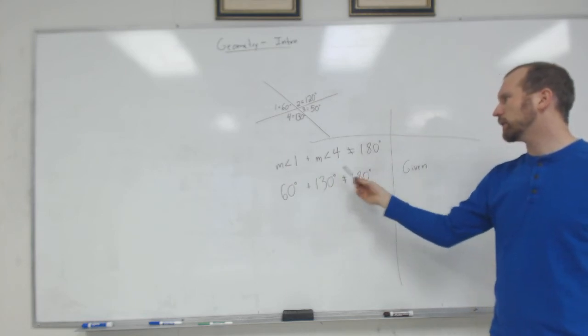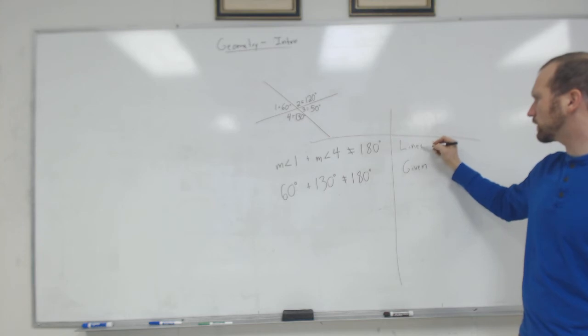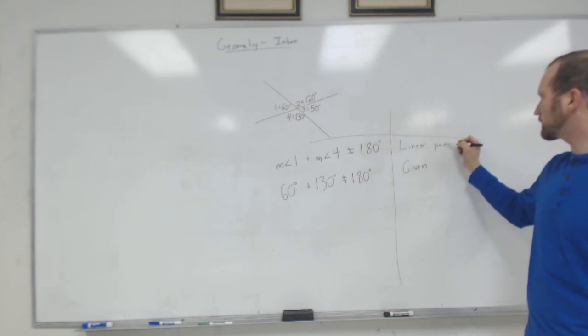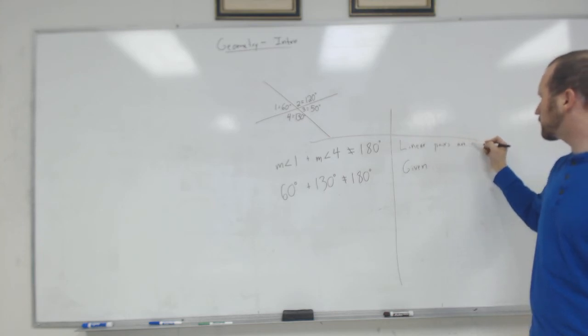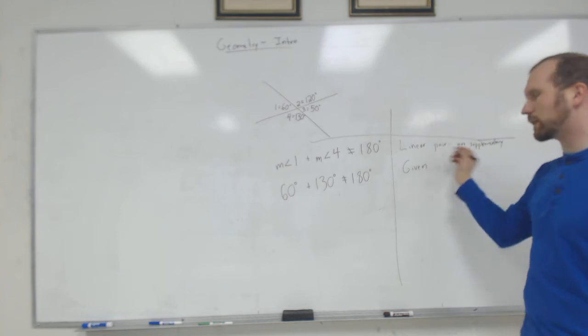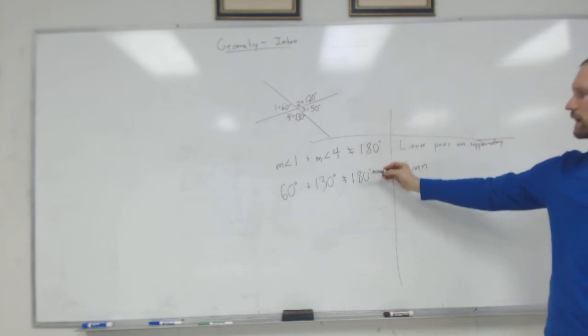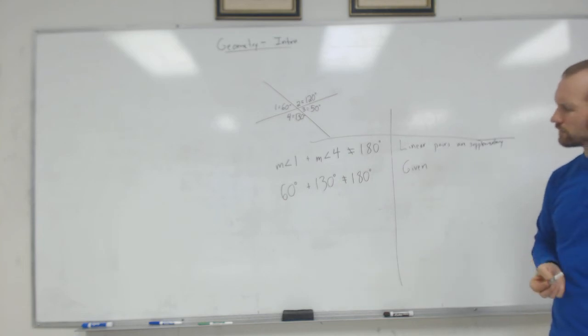Linear pairs are supplementary. That's a statement that we had made before. But in this case, what we're showing is that they're not supplementary, which means that it doesn't work.